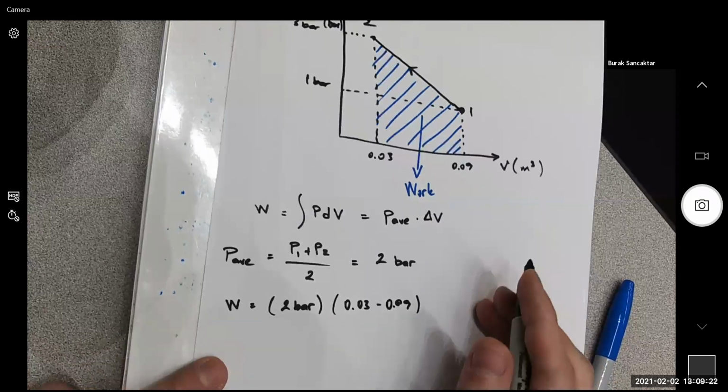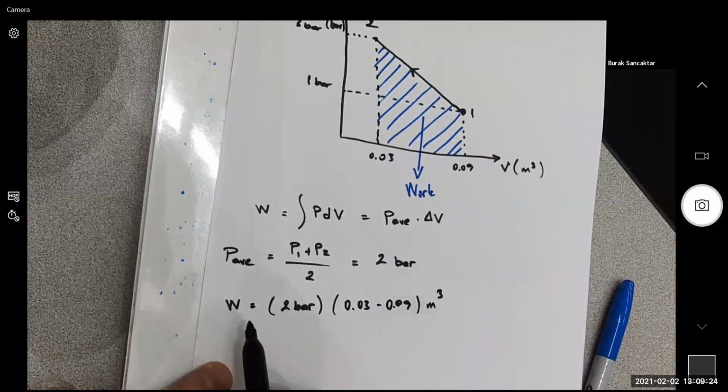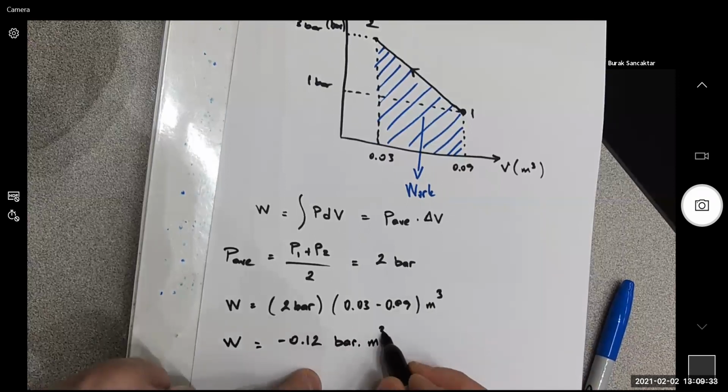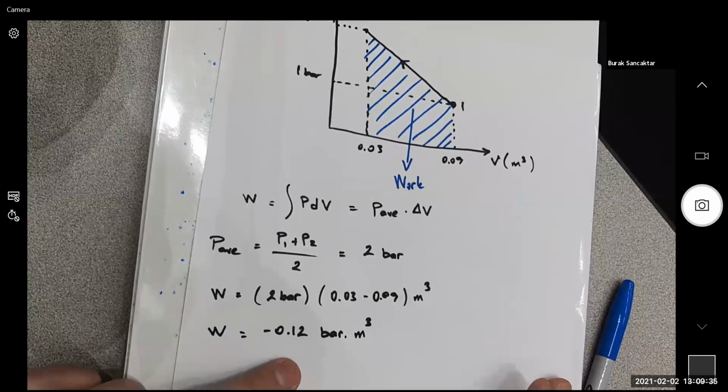So that will give us work is minus 0.12 bar times meter cube.